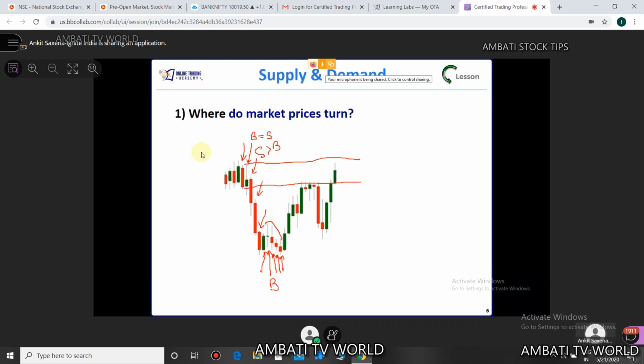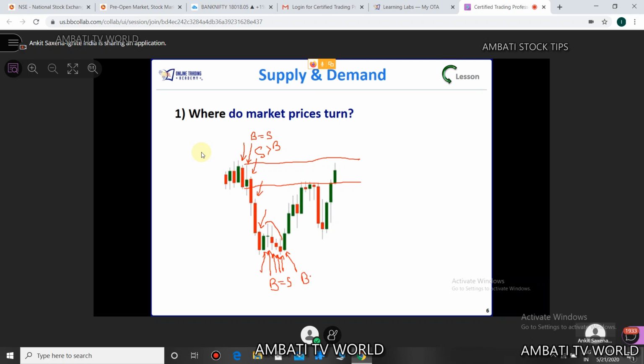So what is happening here? The buyers are equal to the number of sellers, isn't it? Yes or no, everyone? Yes. Now what has happened on this candle?